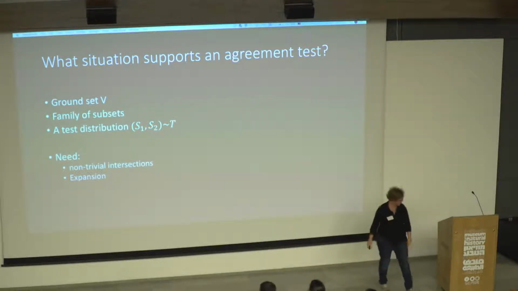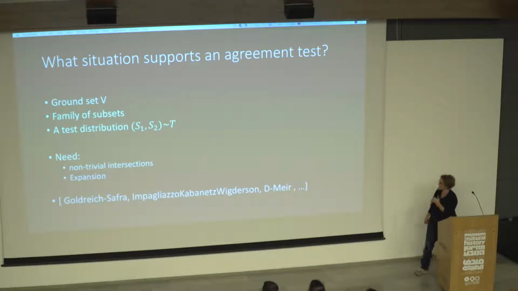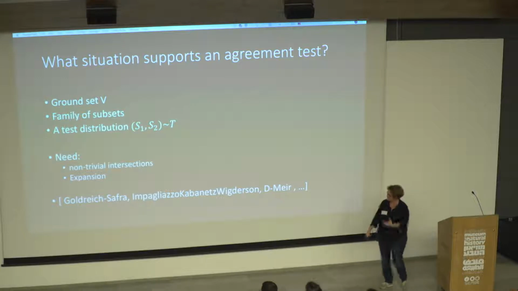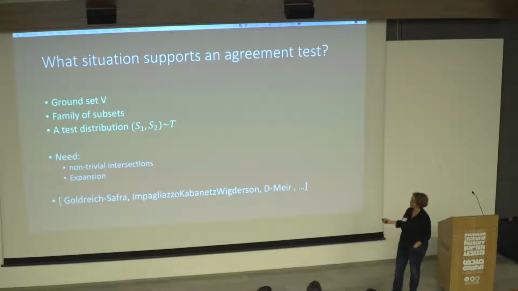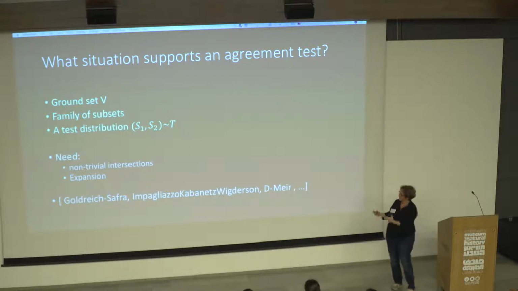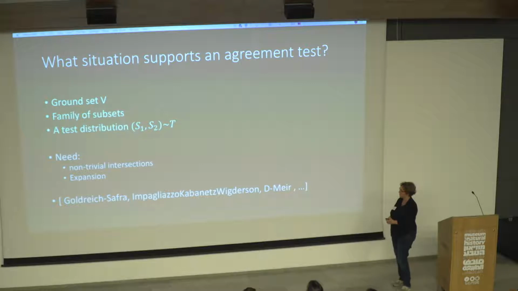People have looked at this question and tried to come up with sufficient conditions for this to work. The first people who looked at this question abstractly were Goldreich and Safra, in a paper. They were looking at the low degree tests that I showed you in the beginning and said, what's so special about low degree tests? There's a more abstract question underneath. Let's try to find a combinatorial version of this low degree test, and they succeeded in doing so.